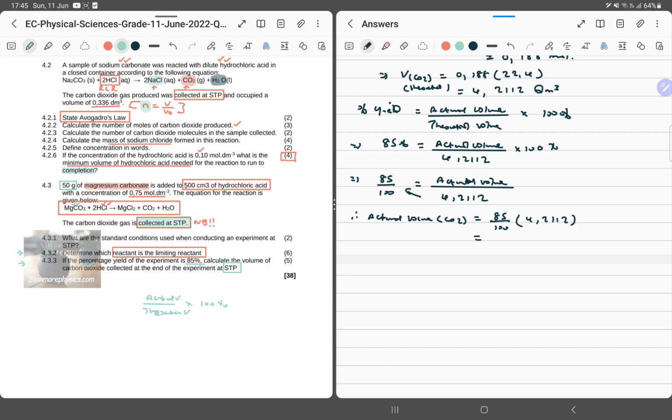So this is 85 over 100 into 4.2112. So this is basically 3.58 decimeter cubed.